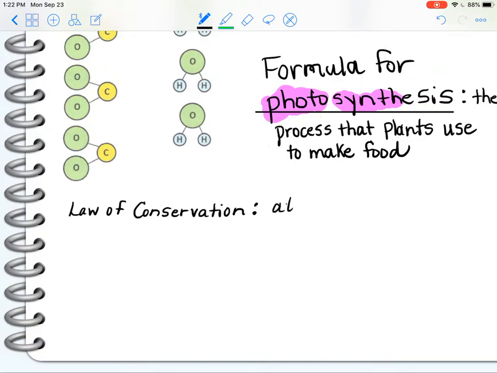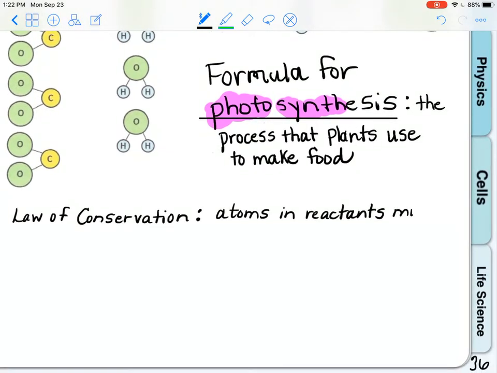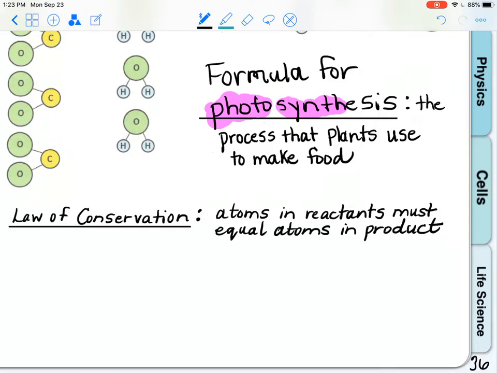So the atoms in the reactants must equal, if the equation is balanced, the atoms in the products. I'm having an awful time today. Okay, so let's see if that holds true here. If you need to pause the video to write this down, that is fine.